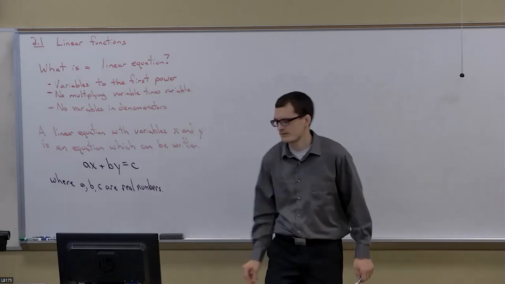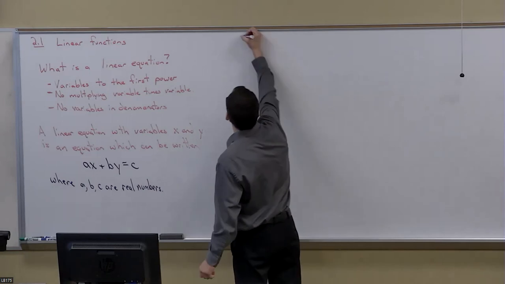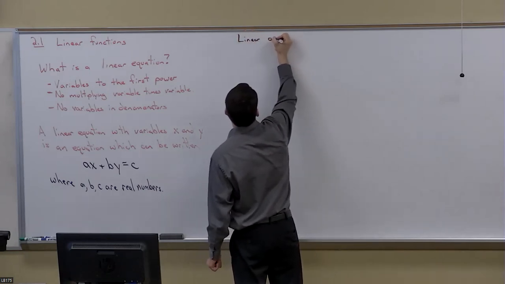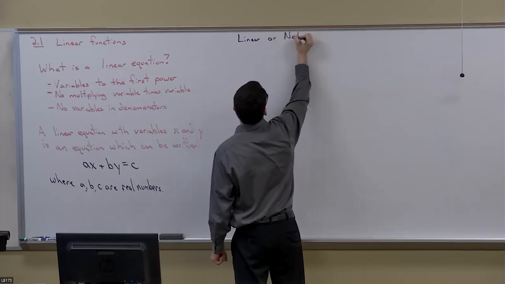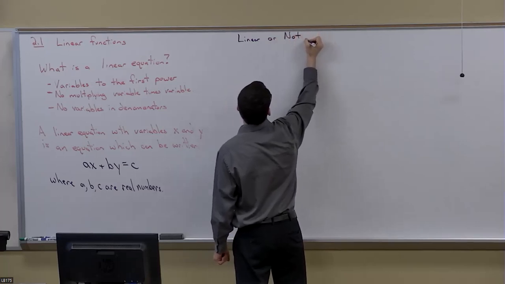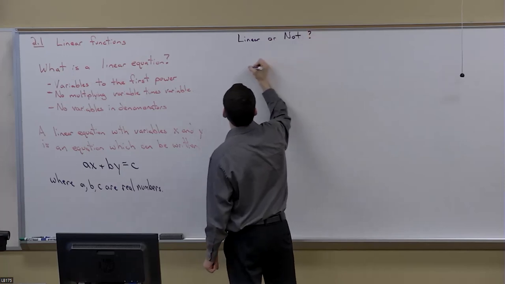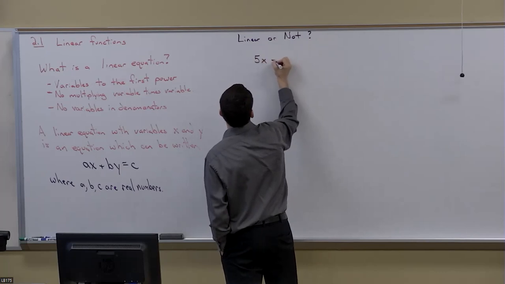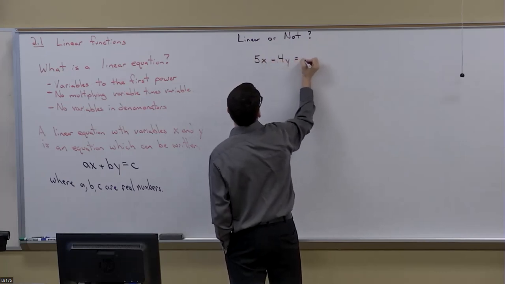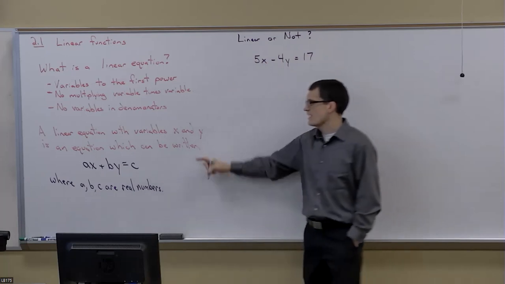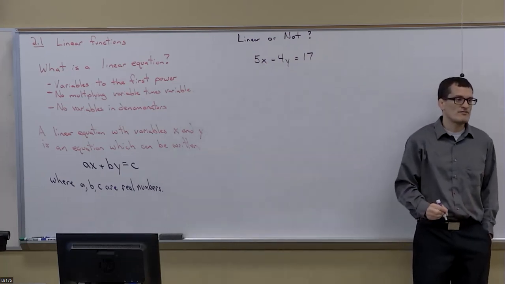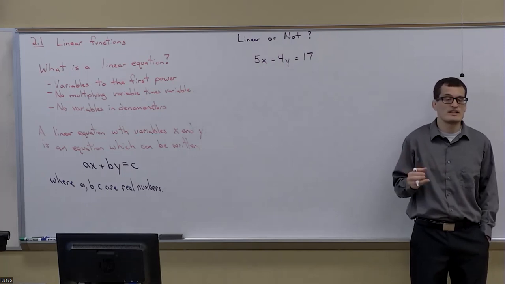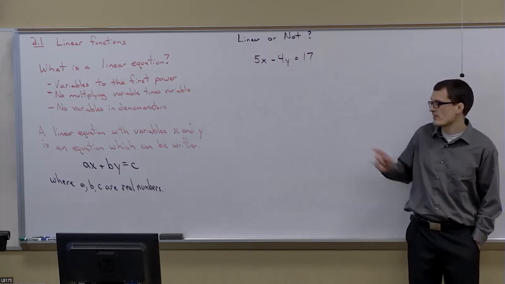Hopefully that makes sense. So let's go through which ones are linear and which ones are not. If I give you something like 5x minus 4y equals 17, that's already in that form, so that one's very obvious that it is linear because it looks like that.